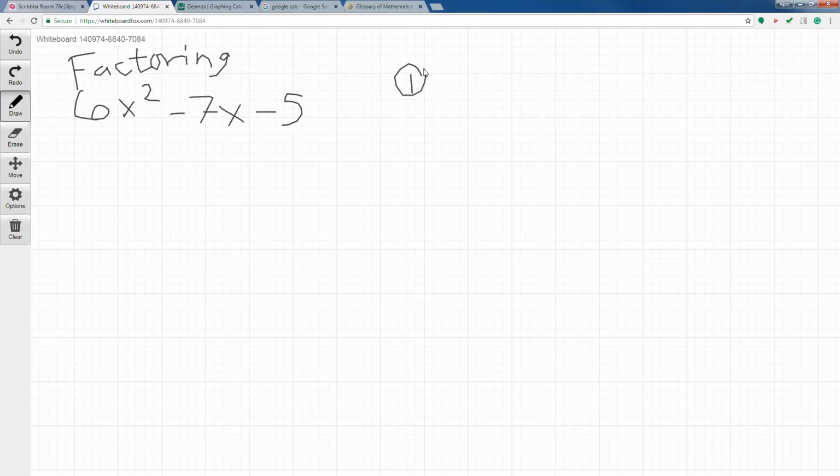So the first step is to multiply the first number times the last. I'm going to say F times L for first times last, which is negative 30. Then it's going to have a step similar to what we just did, but then it's going to change and be different after that.